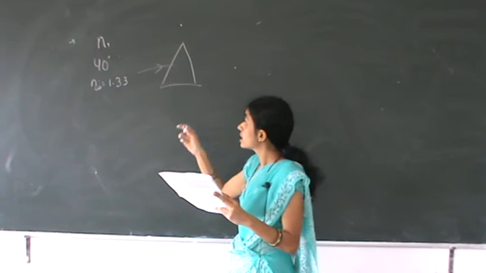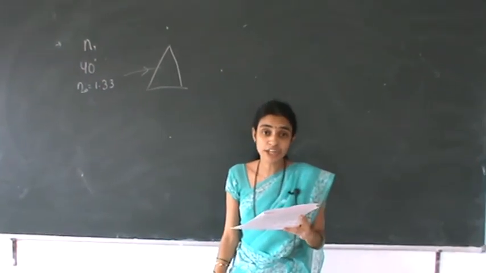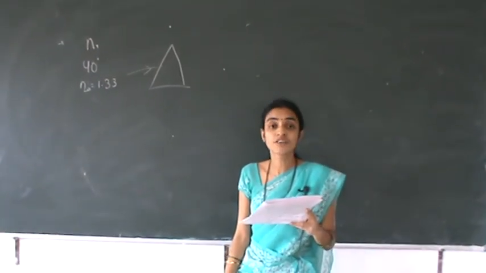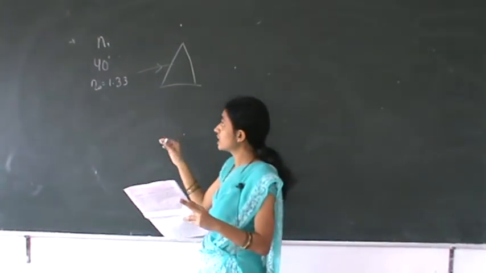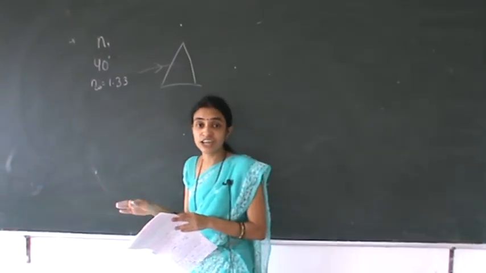Here, what you have to find out is the deviation value in this case. Initially, one general refractive index value is given.